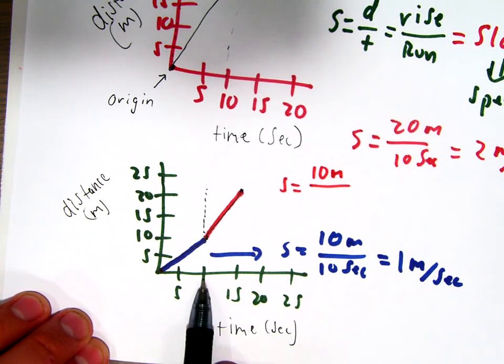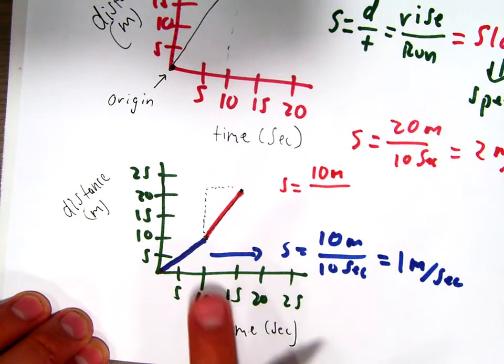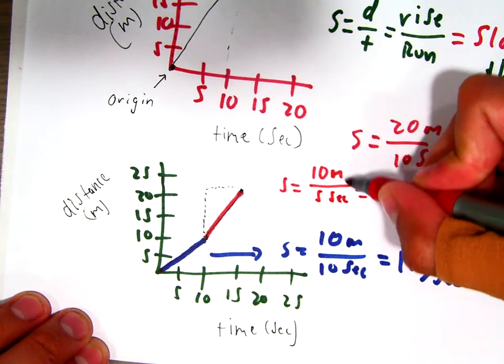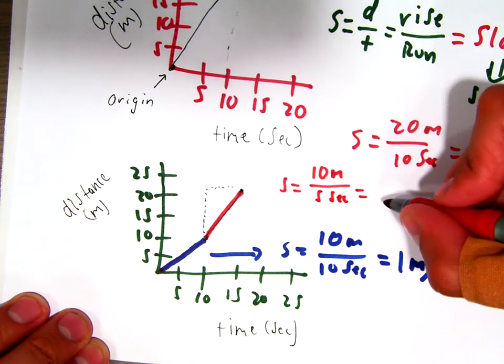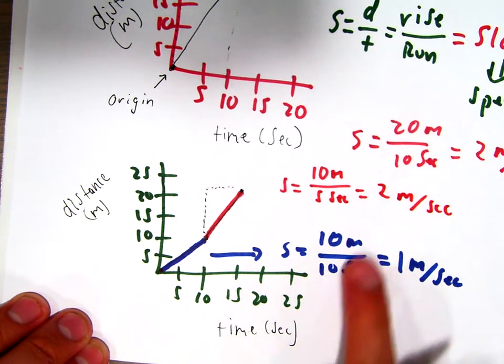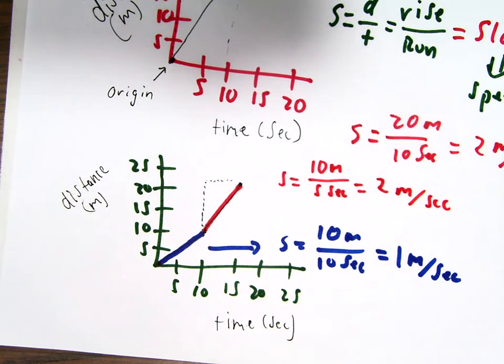Well, I'm starting here and I'm going to here. So my run is only that portion right there, which would be 5 seconds. 10 divided by 5 gives me 2 meters per second. So that's my speed for that. Okay? So that's how we calculate speed.